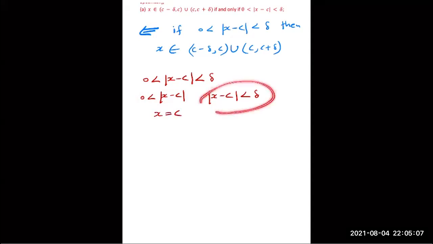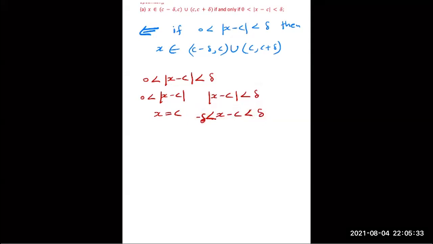And then what does this mean from your pre-calculus? By definition, x minus c should be greater than minus delta and less than plus delta, right? That's the definition of the absolute value inequality. Let's do a little more simplification here.